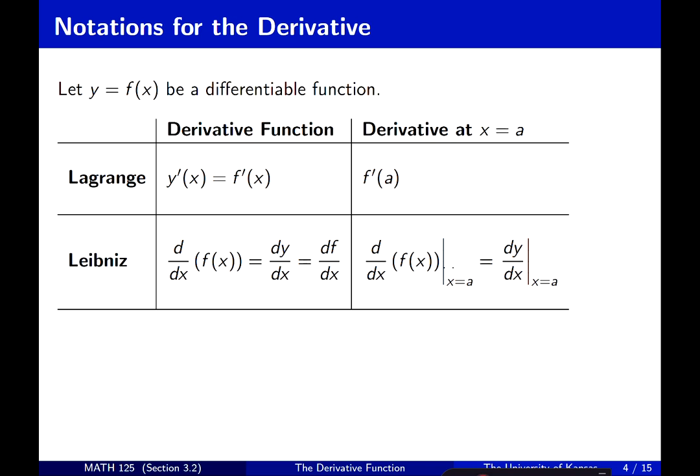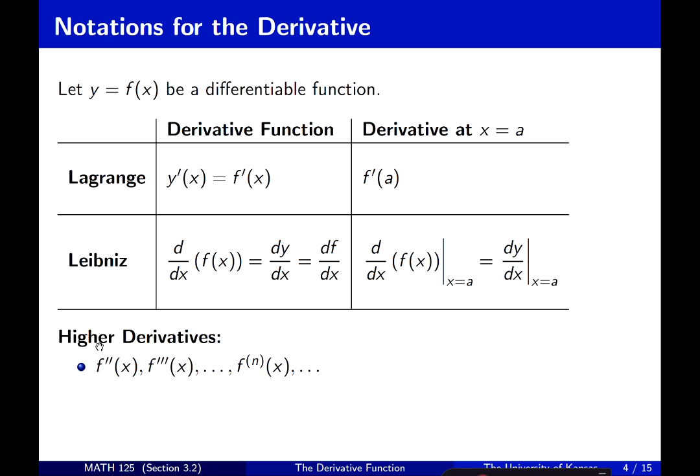And sometimes it's actually easier to write the long line, which means evaluate it at x equal to a. Now over here, the other way to write it is derivative of y with respect to x, and the big line is evaluated at x equal to a. So we have to be comfortable with all of those.